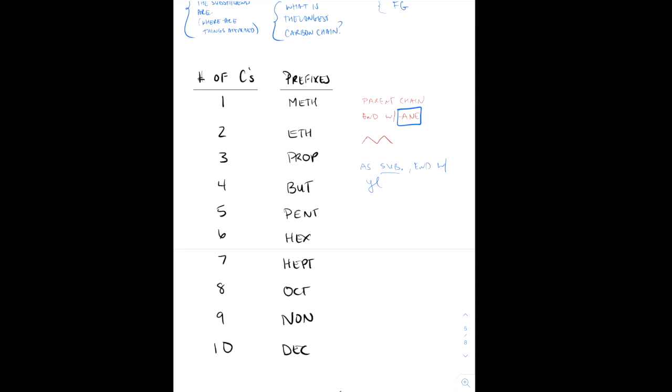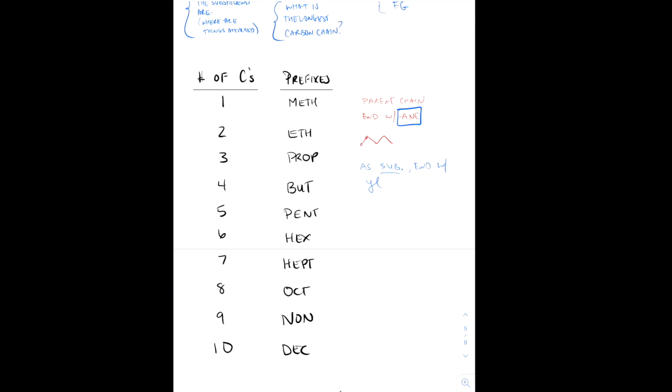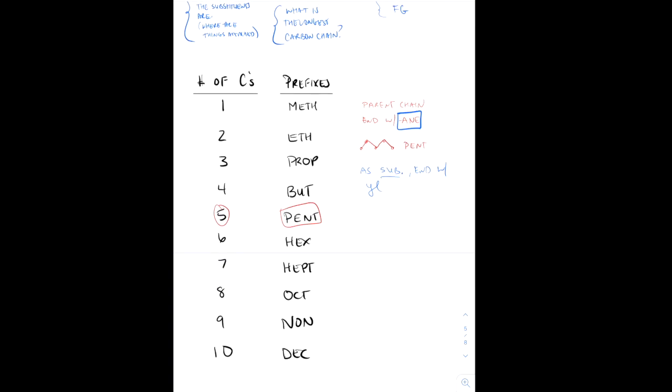So for example, we have 1, 2, 3, 4, 5 carbons in this particular example, and that brings us here. We want to put pent as our prefix, and since it is an alkane, we place the -ane at the end.